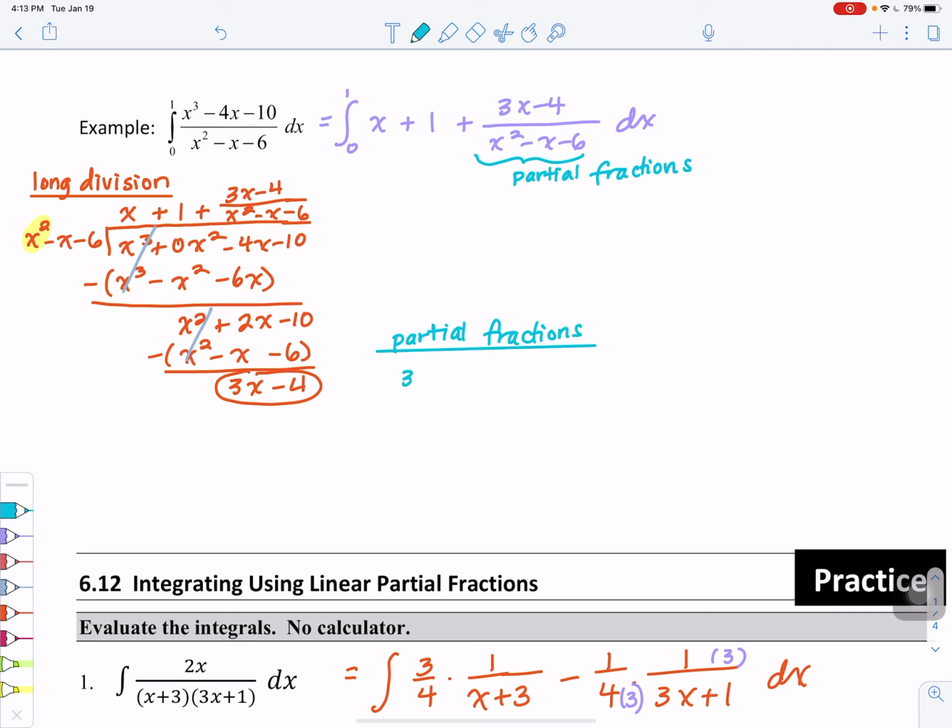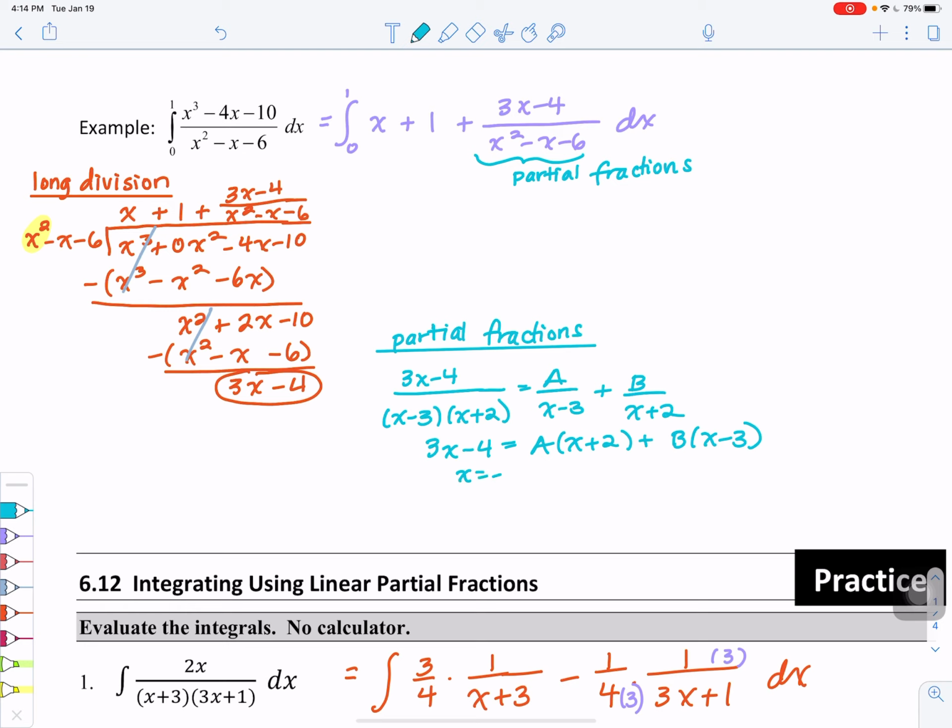So we have 3x minus 4 over, and that's factoring, that would be x minus 3 times x plus 2. And we're going to say that that's equal to A over x minus 3 plus B over x plus 2. And of course now we have 3x minus 4 is equal to A times x plus 2 plus B times x minus 3.